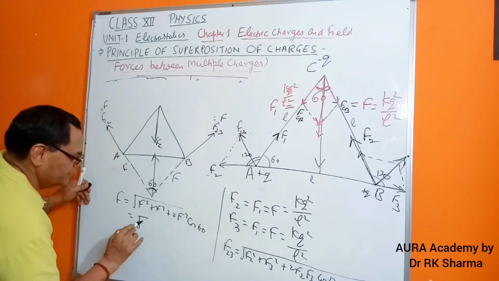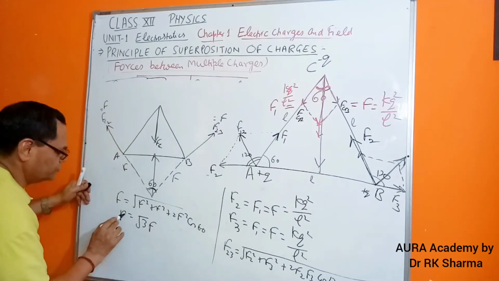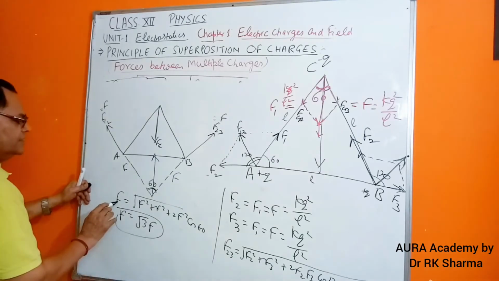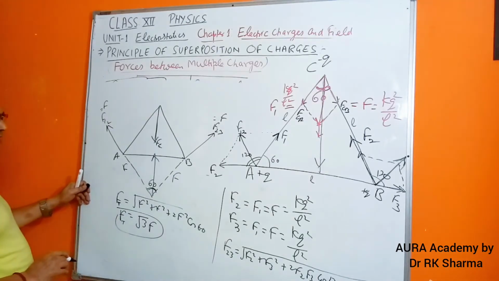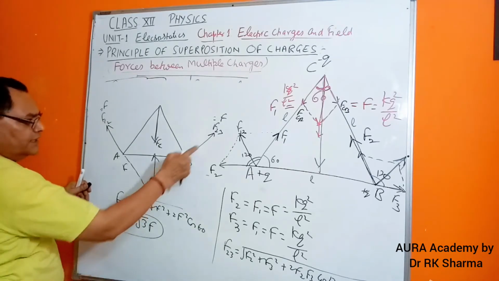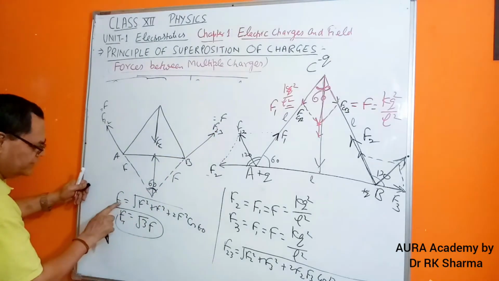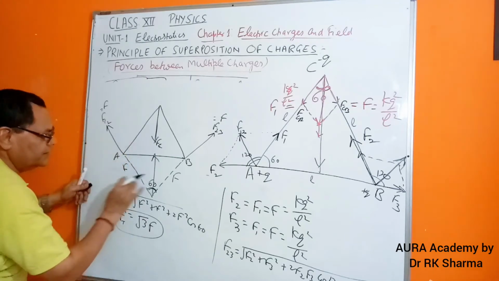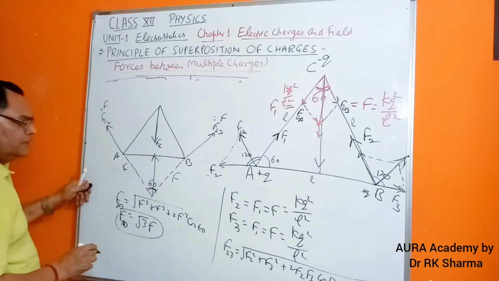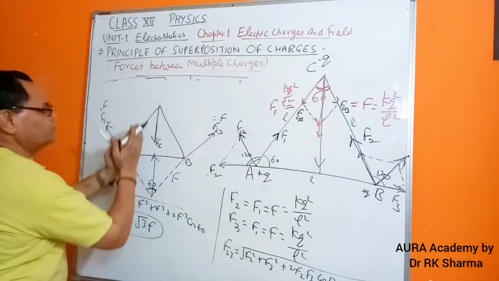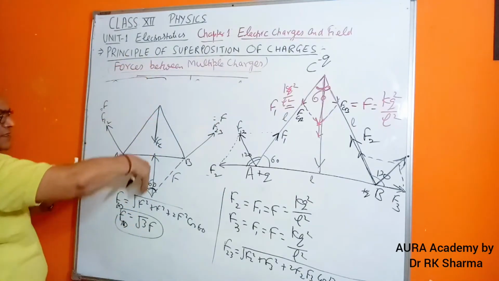So you will again get root 3 of f, that is the total or resultant force, Ft. So I had better say that due to A and B, the resultant of AB is acting this way, and at C it was this.